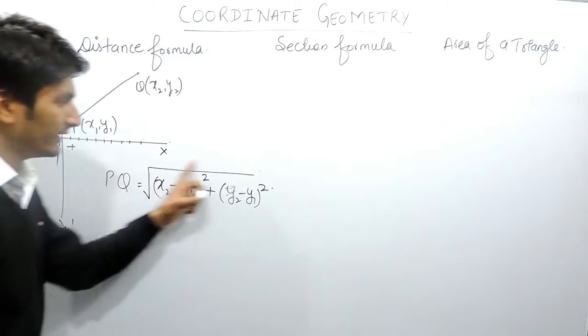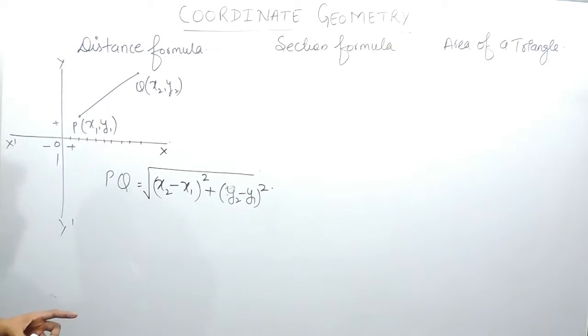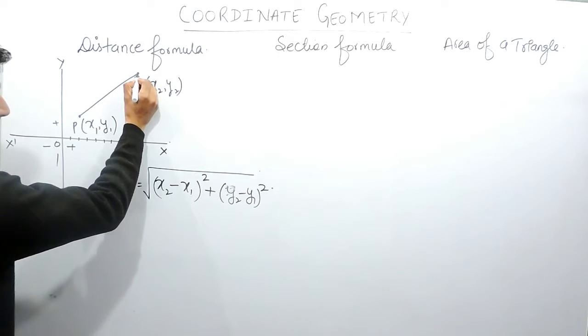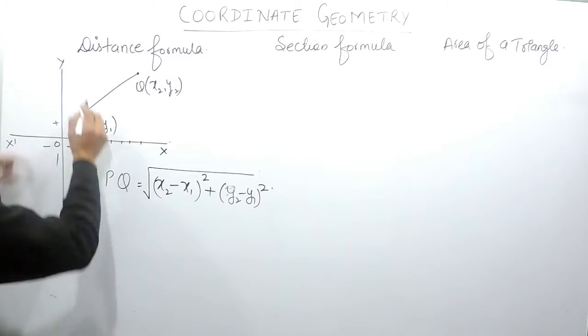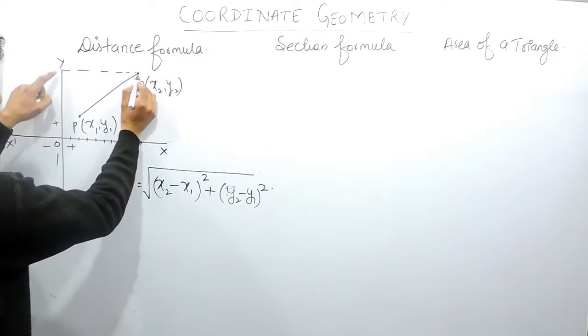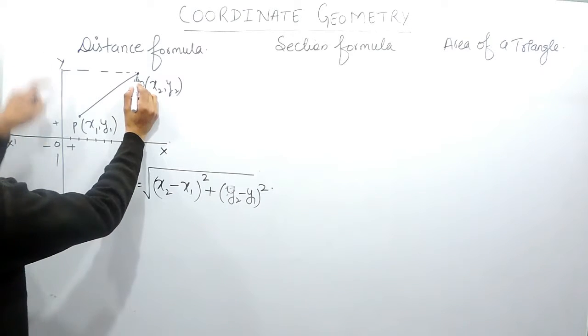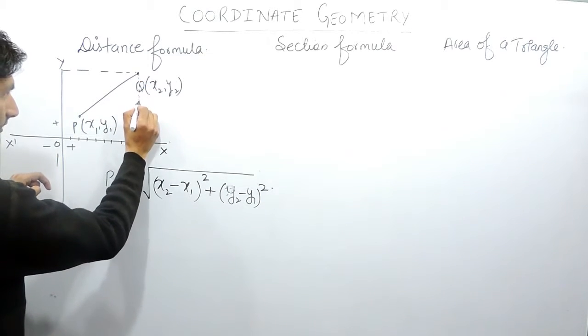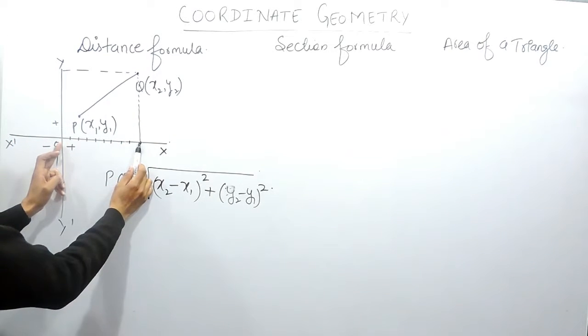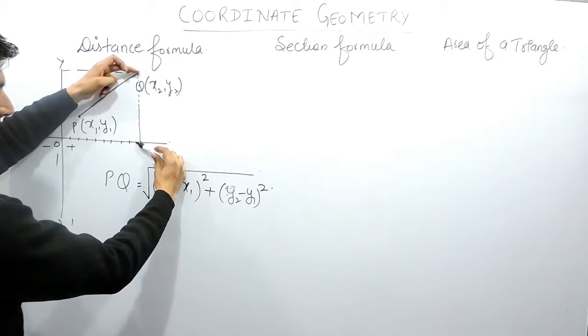This can be proved using the Pythagoras theorem. If I consider this point, its distance from the y-axis is x2, and this distance is y2.